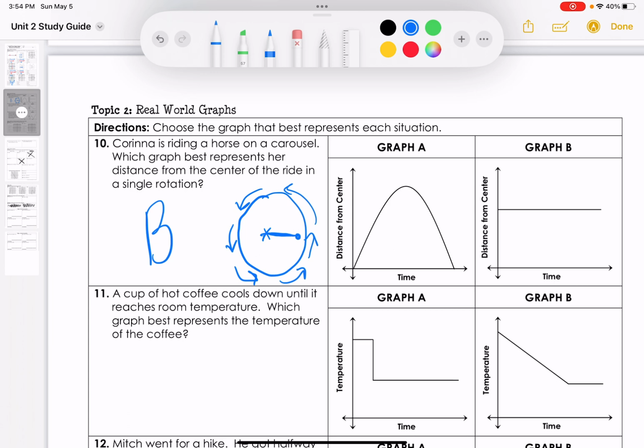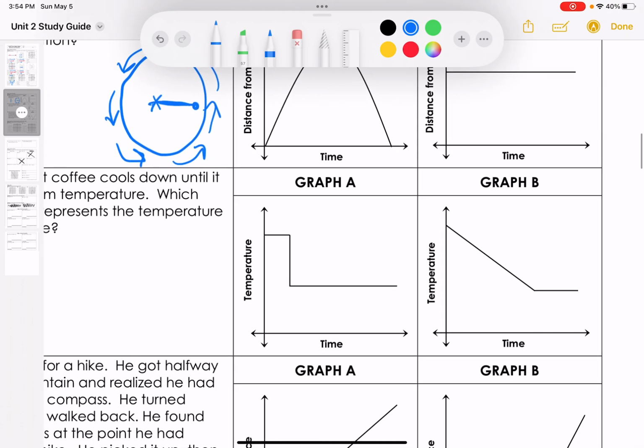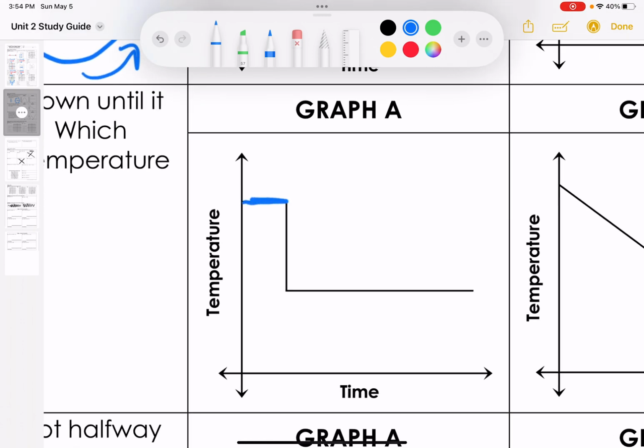All right, let's do one more. A cup of hot coffee cools down until it reaches room temperature. Which graph best represents the temperature of the coffee? Okay, so it cools down until it reaches room temperature. So looking at graph A, your cup of coffee has a temperature, then it suddenly drops, and then it levels out.